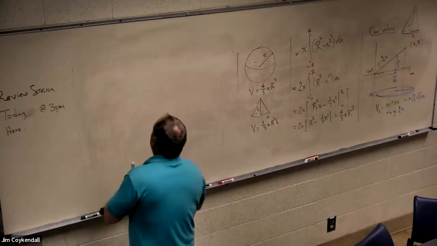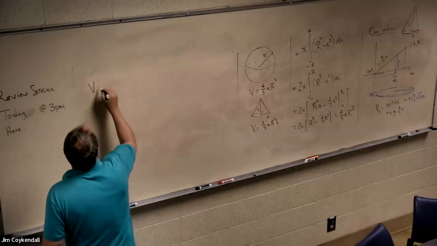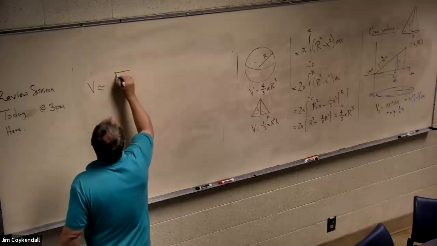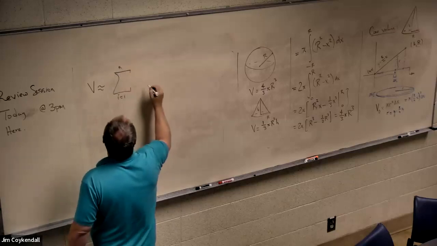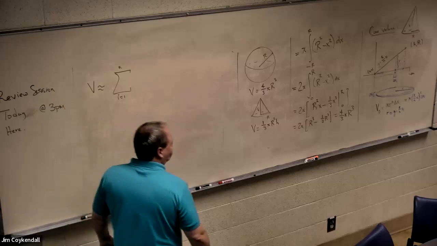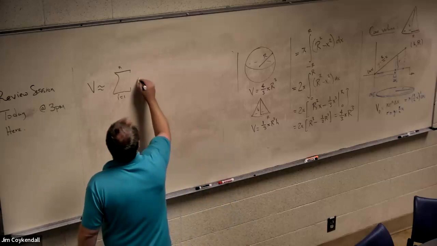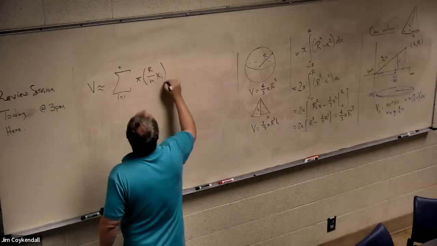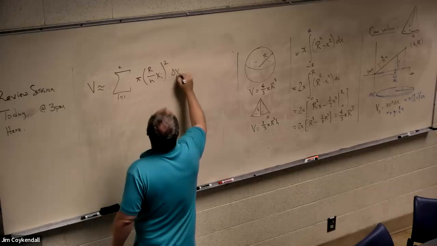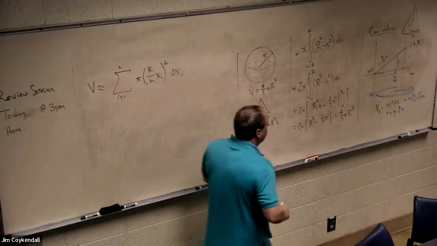Fill this up with discs and add them up. This should be about the sum of pi times r over h x sub i, squared, times delta x. What about that?